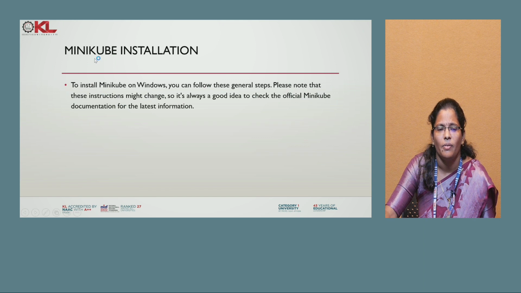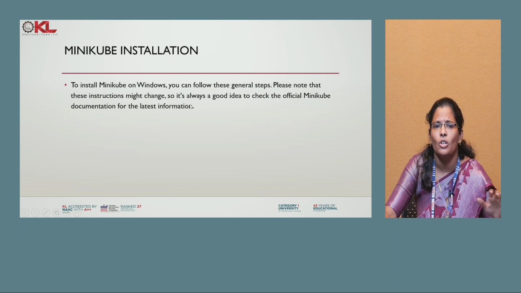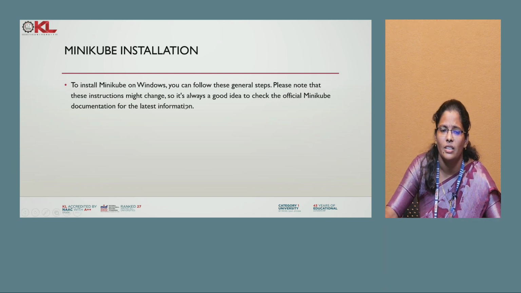These are for the Minikube installation. The better or good idea is to check the official Minikube documentation. Just go with the particular version of your operating system or the type of hypervisor available on your system, so that Minikube installation will take just 2 to 3 minutes time.